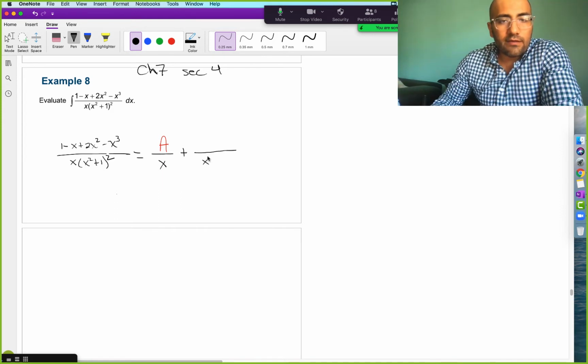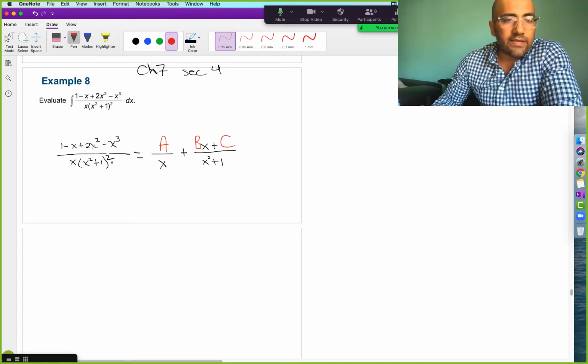And we have x squared plus 1. And up in the numerator, we will have a linear pattern, B x plus C. Right? So when the denominator is linear, then the numerator is going to be some constant. When the denominator is a quadratic, then the numerator is going to be linear.